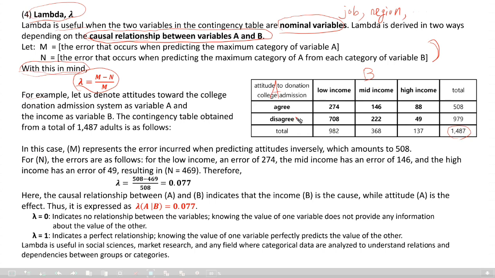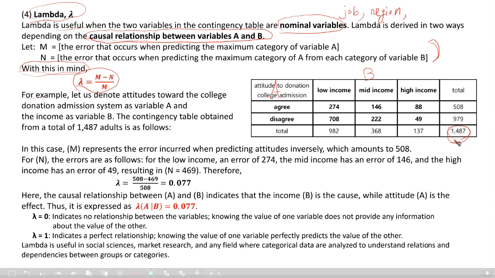In this example, M represents the error that occurs when predicting attitudes universally, which amounts to 508. You predict what attitude the person has, agree or disagree, one by one.